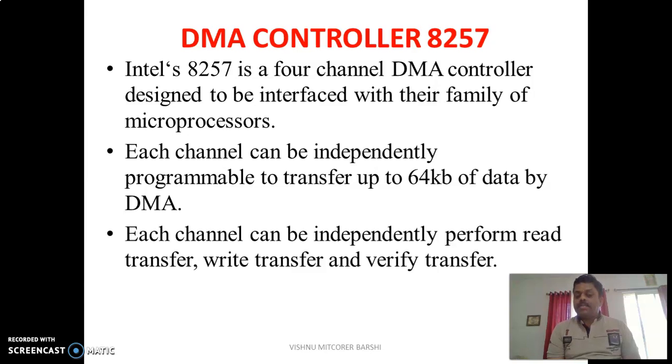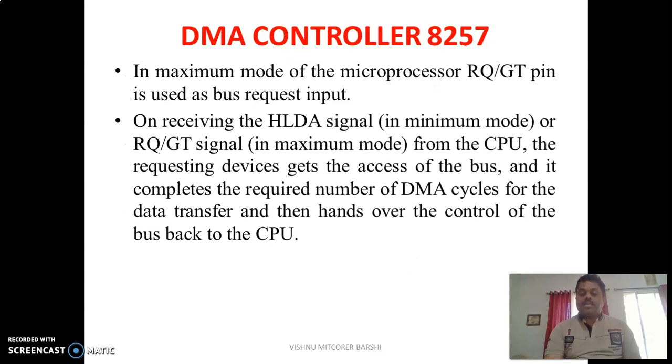Each channel can be independently programmed to transfer up to 64 KB of data by DMA. Here 64 KB means the memory size of the 8086 microprocessor is around 64 KB. Each channel can independently perform read transfer, write transfer and verify transfer.